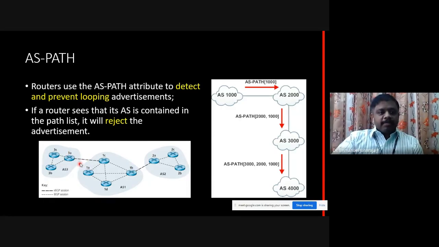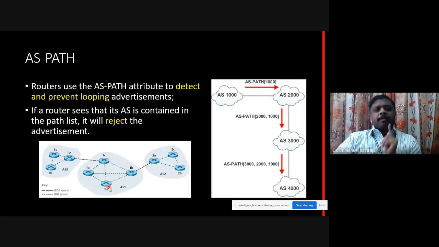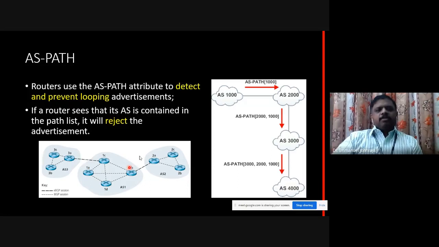Now autonomous system 3 will understand this is the information I forwarded to you, and it is going to reject it. This is very important, because every autonomous system may have its own routing policy and protocols. So this kind of stringent mechanism is very essential, especially in the BGP protocol.